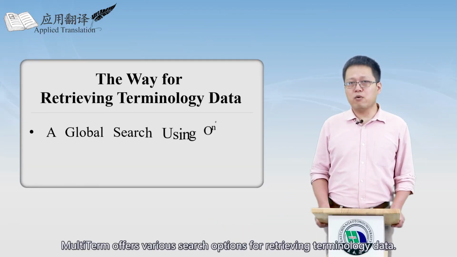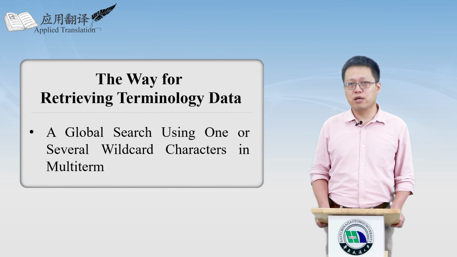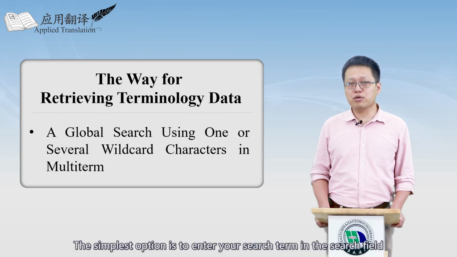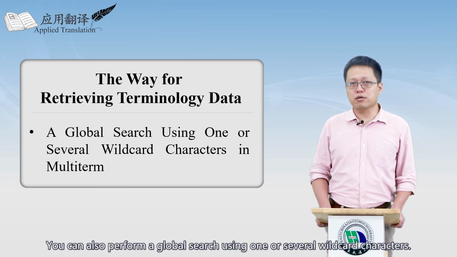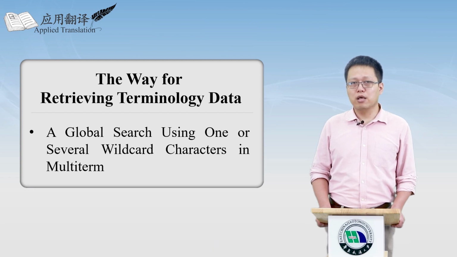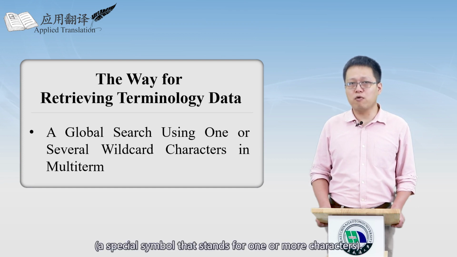MultiTerm offers various search options for retrieving terminology data. The simplest option is to enter your search term in the search field. You can also perform a global search using one or several wildcard characters. The asterisk functions as a wildcard character, a special symbol that stands for one or more characters.